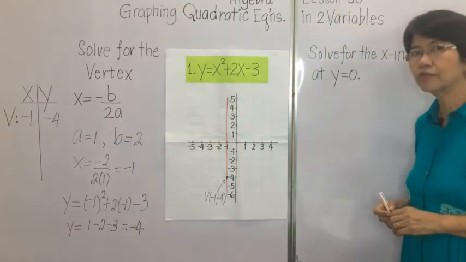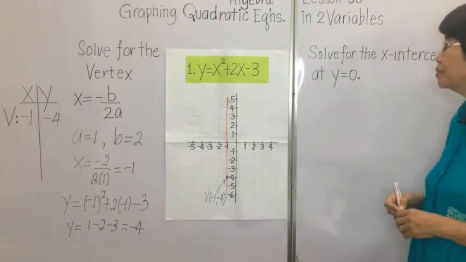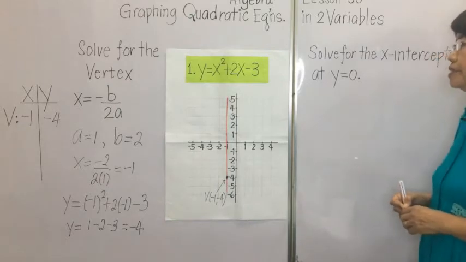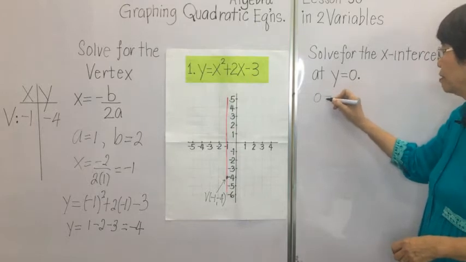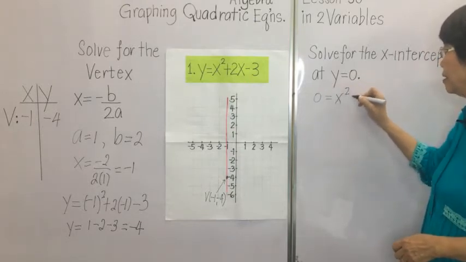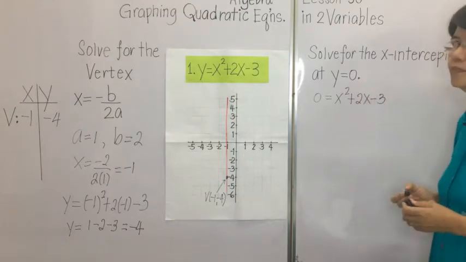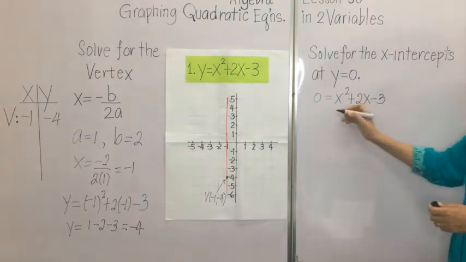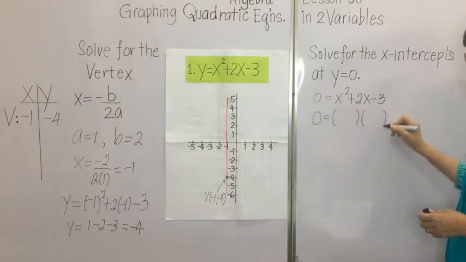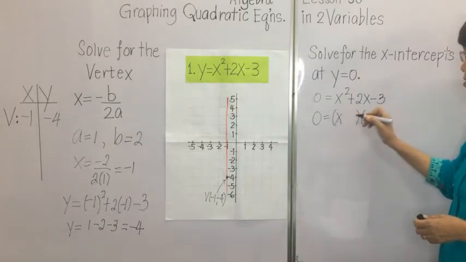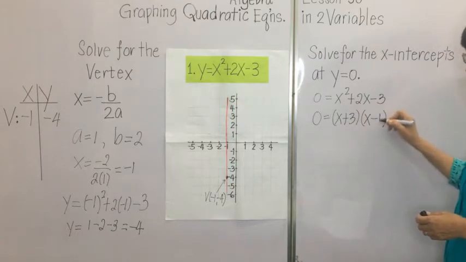The next points that we will locate are the x-intercepts at y is equal to 0. So we set y is equal to 0 in this equation. 0 is equal to x squared plus 2x minus 3. Then we factor: x plus 3 times x minus 1.